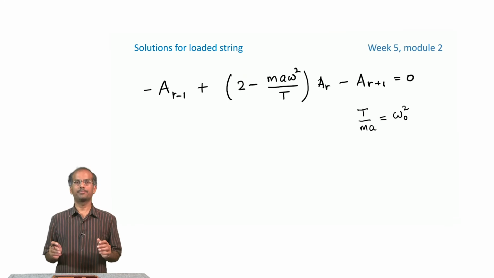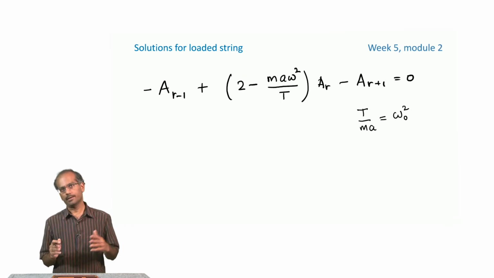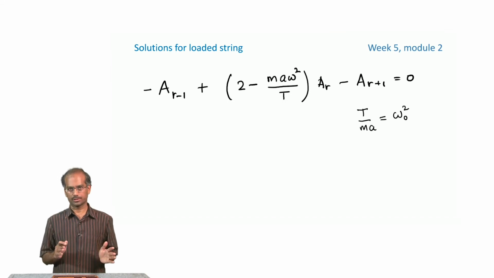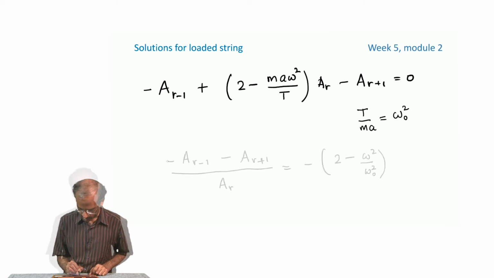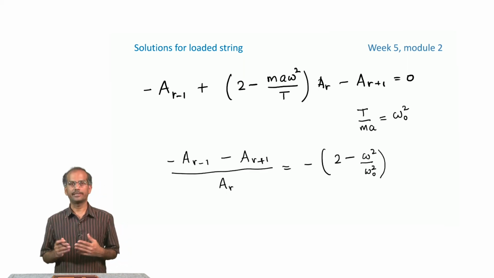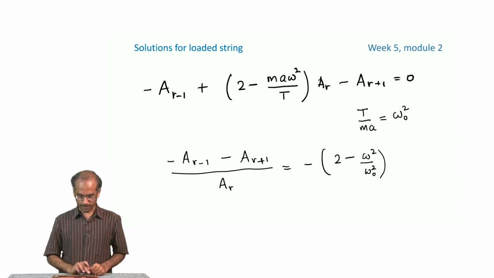I am going to keep all the terms involving a r minus 1 and a r plus 1 on one side, and move everything else to the other side of the equation. So, I am going to have something like this. Now, let me change signs overall, and I will be able to get the following equation.